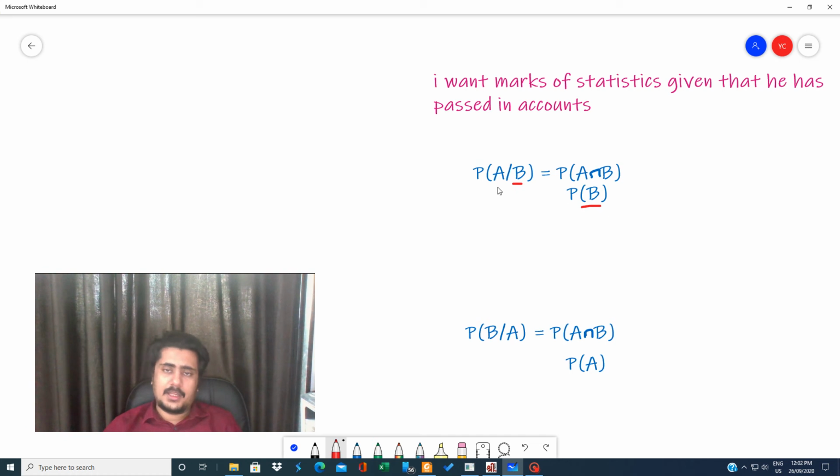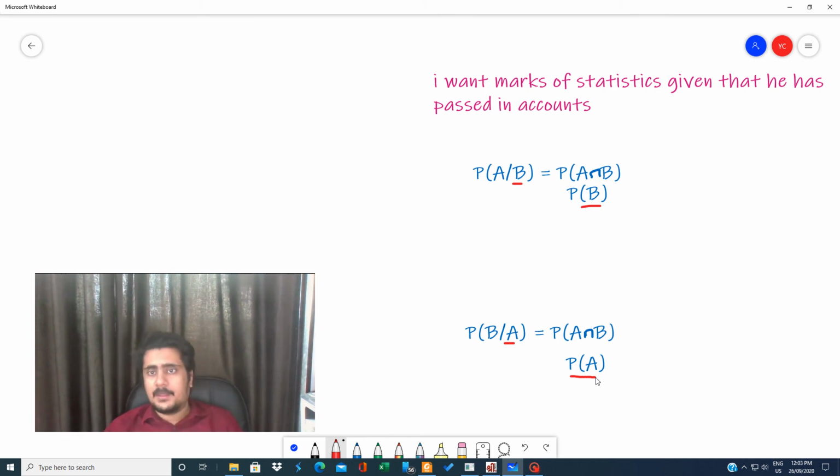If it is A upon B, P of B is in the denominator. If it is B upon A, P of A is in the denominator. So that is also easy. If you write A upon B, then you know that you have to write B down. If you write B upon A, then you know that you have to write A in the denominator. Okay, that is very simple. So I think you understand how we have made the formula.